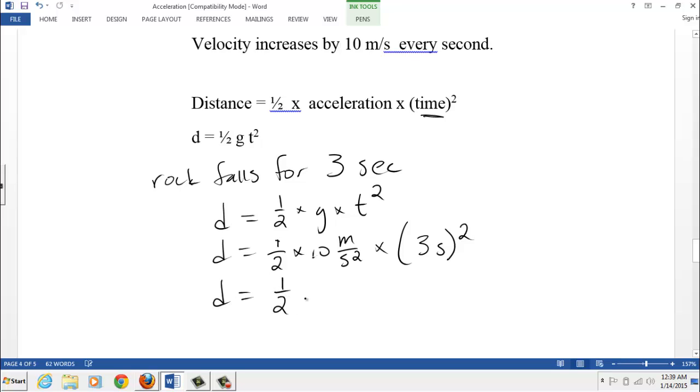Just follow the math here. Let's group the numbers together: 1/2 times 10 times 3 squared. Then let's bring the units together. We have meters per second squared times seconds squared, and seconds squared divided by seconds squared is equal to 1. Those cancel out.